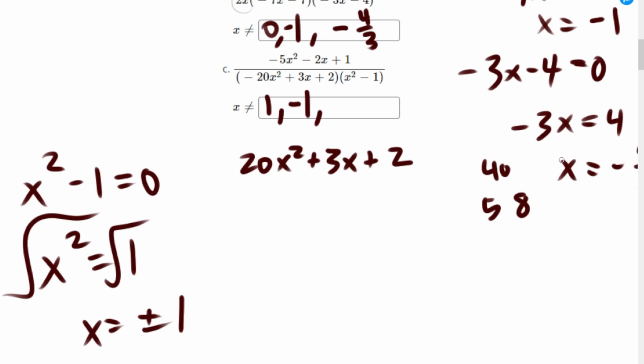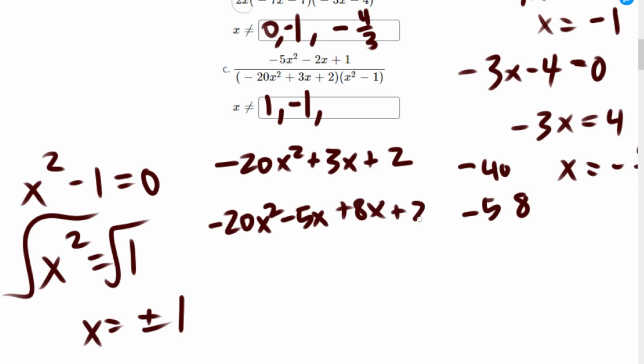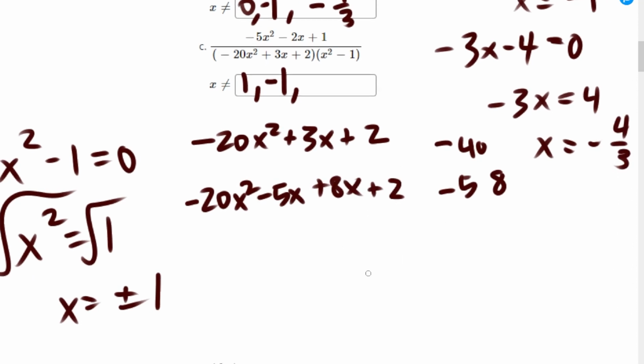However, this is negative 20x squared. My bad. That makes things easier for us, though. We have a positive 3, so we'll do negative 5. So we'll do negative 20x squared minus 5x plus 8x plus 2. Now we can factor by grouping.